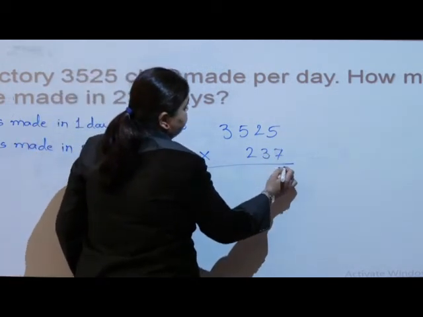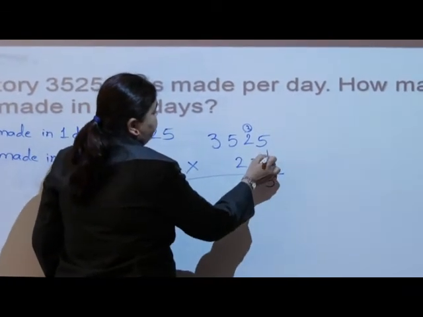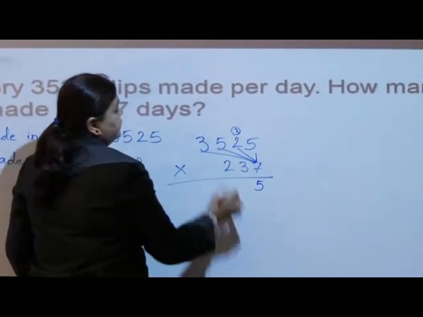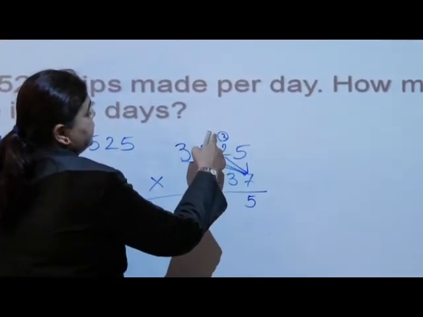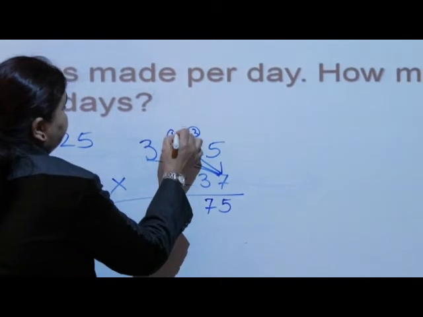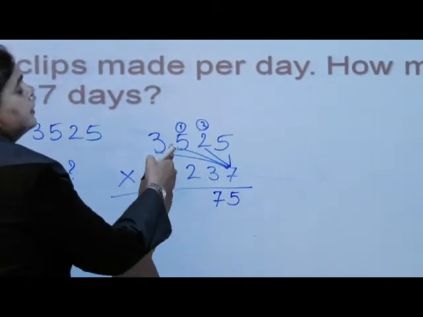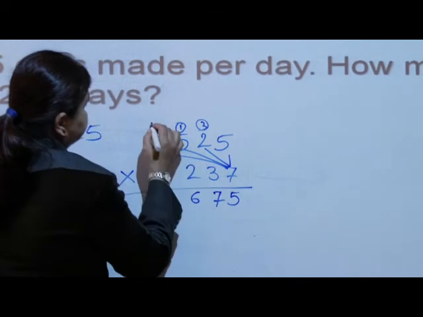7 5s are 35, 3 carry. This I will multiply to ones, tens, 100 and 1000. So 7 2s are 14 plus 3, 15, 16 and 17. 1 carry. 7 5s are 35 plus 1 is 36.